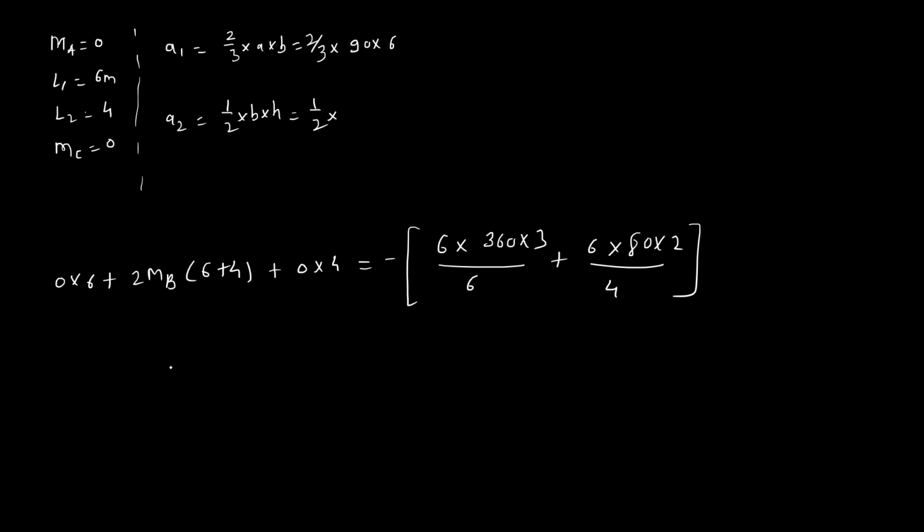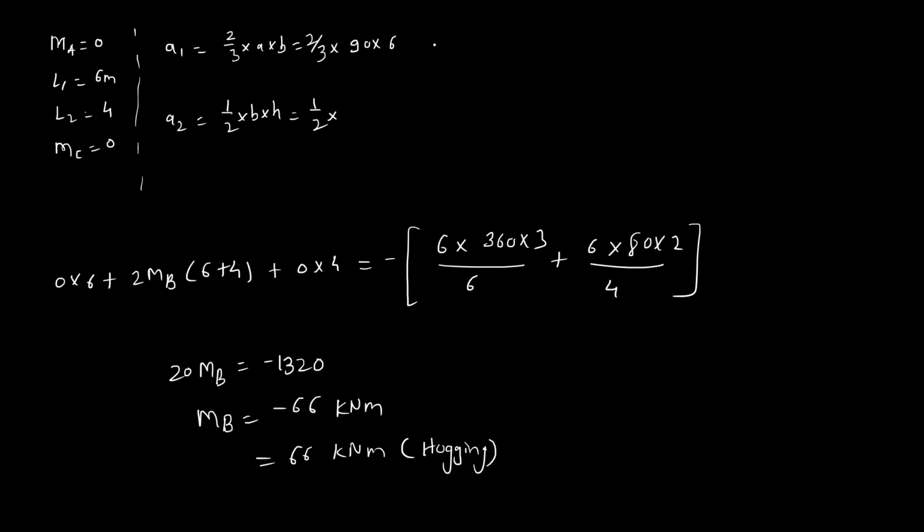Upon calculation you should get 20 MB is equal to minus 1320. So MB is equal to minus 66 kilonewton meter. This minus sign indicates the hogging nature, so we can also write it as 66 kilonewton meter, hogging.